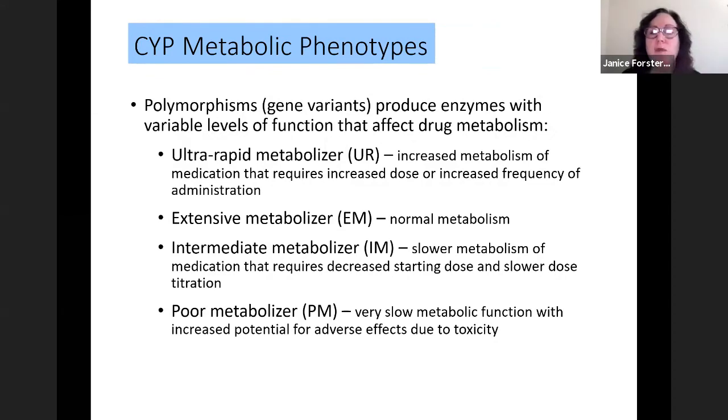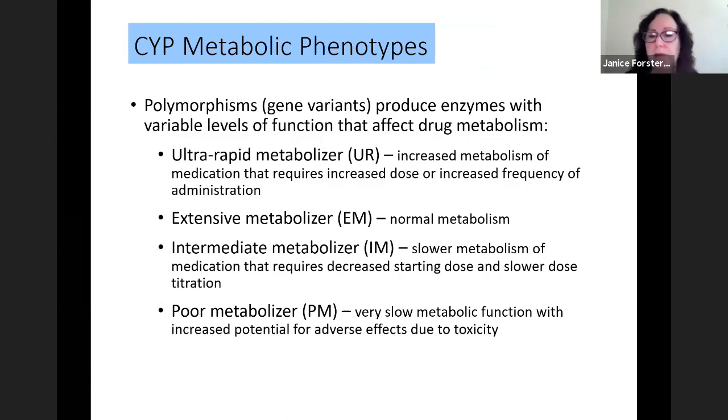Okay, so ultra-rapid metabolizer means that you have increased metabolism of medication. That chews up the medication in your system, so the half-life is actually decreased. So you have to have an increased dose or you have to dose the medication more frequently through the day. If you're an extensive metabolizer, you have normal metabolism.